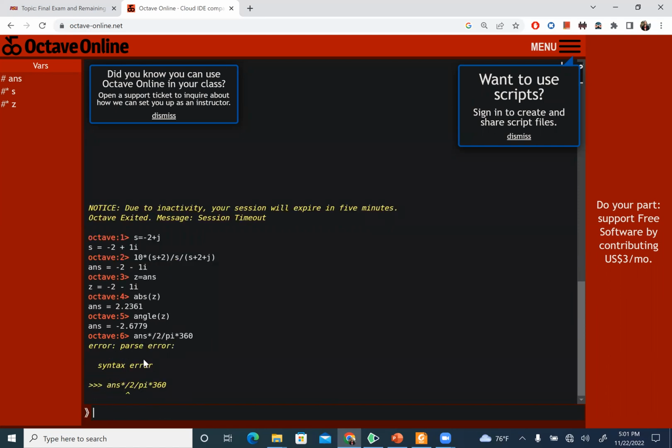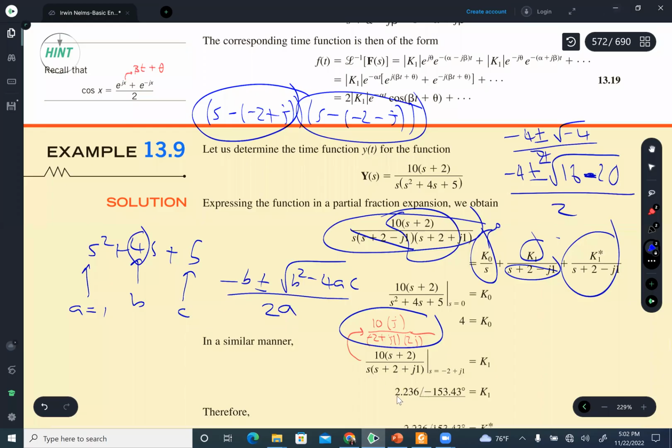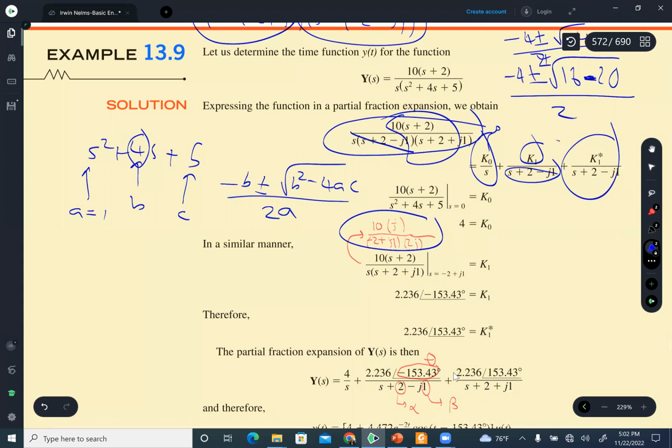So that's going to give me the angle, which is minus 153 point something, right? Which is what they have, right? 2.236 with an angle of minus 153 something. So that's K1, right? That's how they found that. And K1 conjugate is the same thing with a phase angle. That's the other side. So since this is negative, that has to be positive, right?